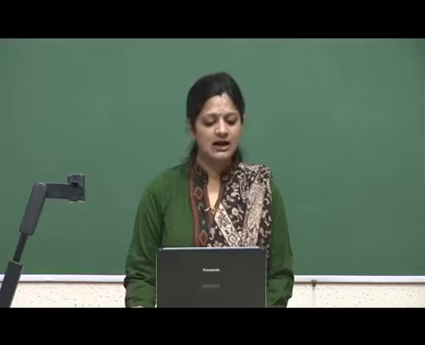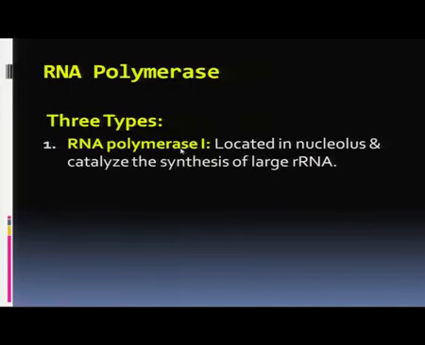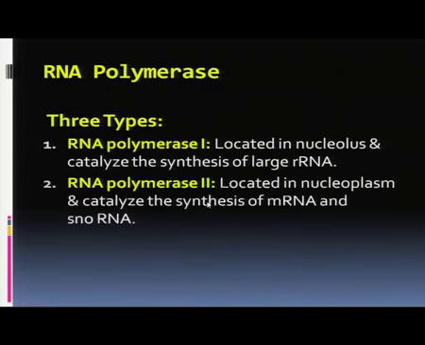are RNA polymerase 1, which is located in the nucleolus and catalyzes the synthesis of large ribosomal RNA. So, RNA polymerase 1 helps in the synthesis of ribosomal RNA. RNA polymerase 2 is located in nucleoplasm and catalyzes the synthesis of messenger RNA and small nucleolar RNA.